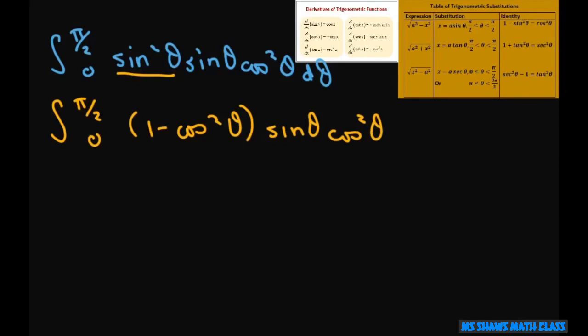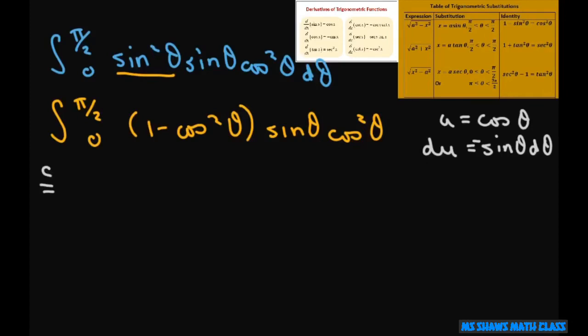Now using substitution, I'm using the cosine. So I'm letting u equal cosine of theta. Therefore, du equals negative sine theta d theta.